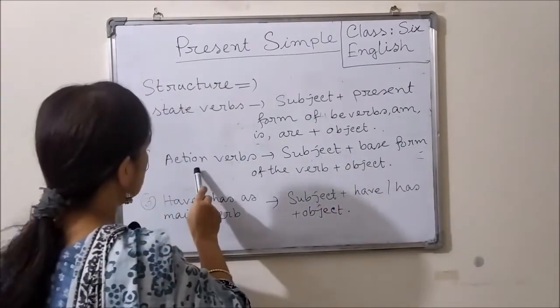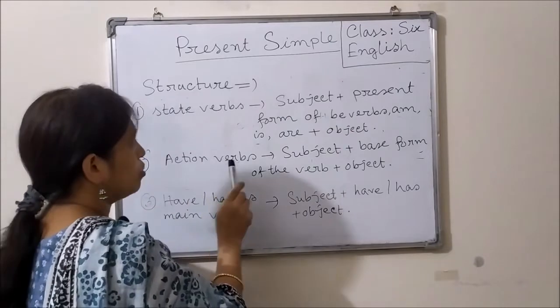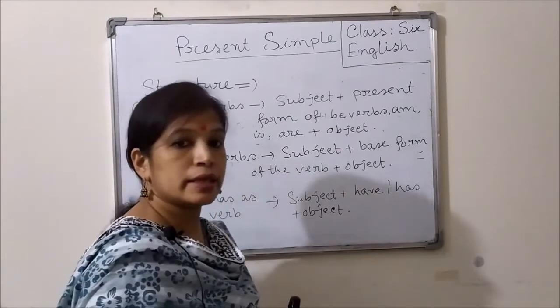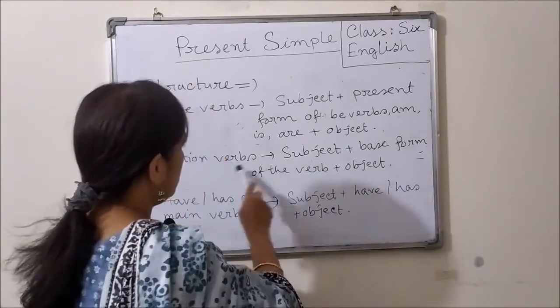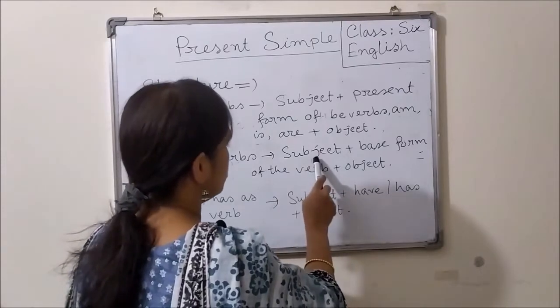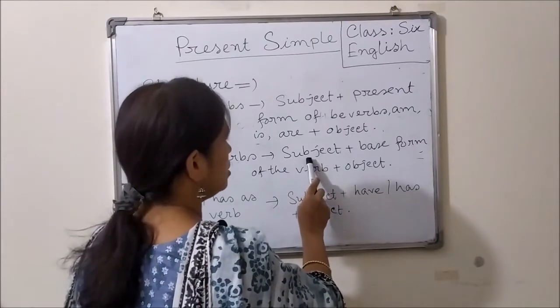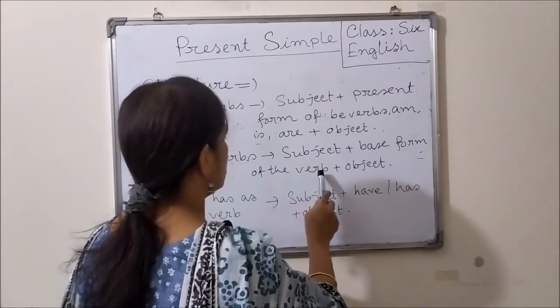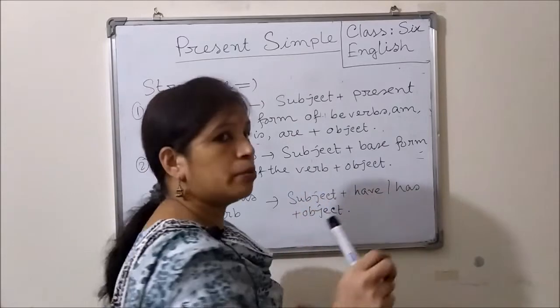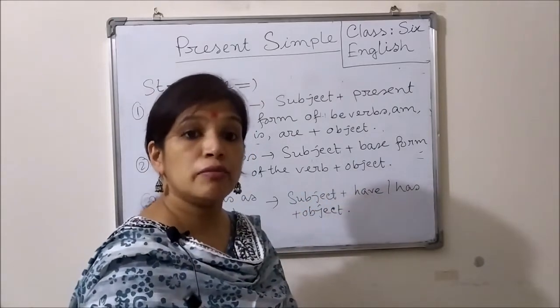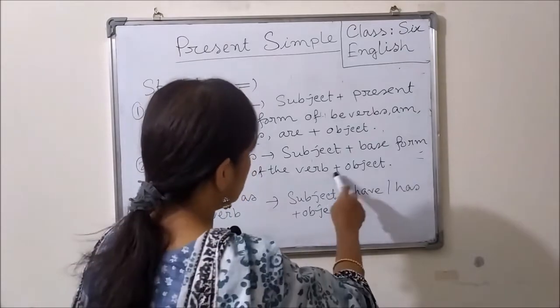Then come to the next one. Here we will get an action verb. The structure will be, at first a subject, then the base form of the main verb, that is the action verb, plus object.